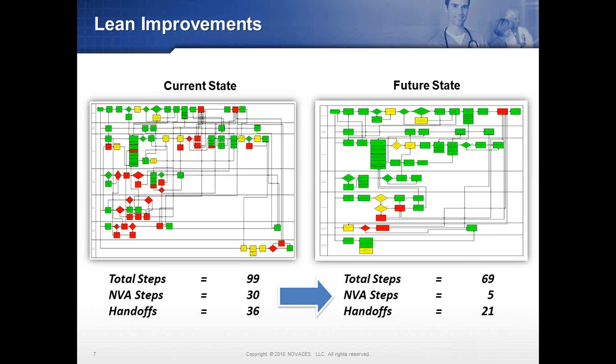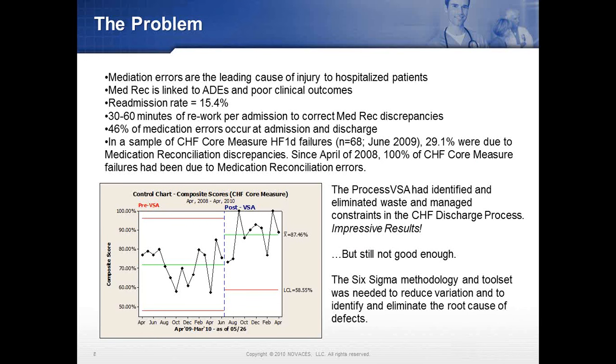When we did the medication reconciliation project, we would come back to this. The problem is that medication errors are a leading cause of injury to hospitalized patients. They're a leading cause of injury, period. And MedRec is linked to adverse drug events and to poor clinical outcomes.